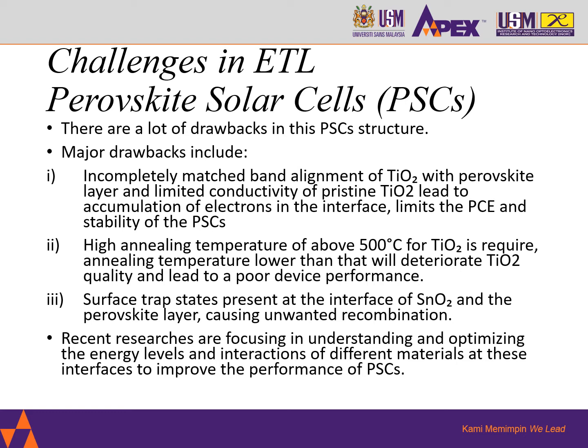Lastly, the surface trap states present at the interface of SnO2 with the perovskite layer will cause unwanted recombination. At this moment, researchers are very actively focusing on understanding and optimizing the energy level and the interaction of different materials at this interface, so that they can improve the performance of the device itself.